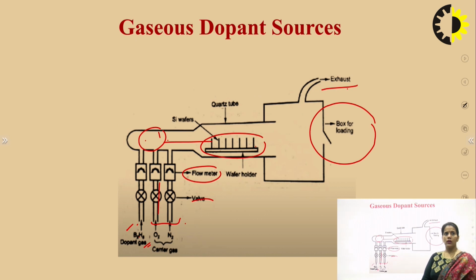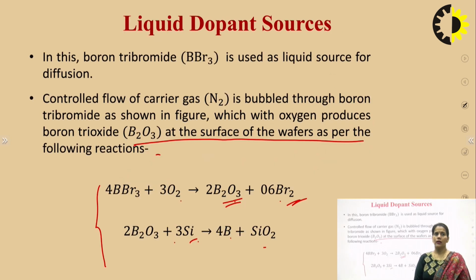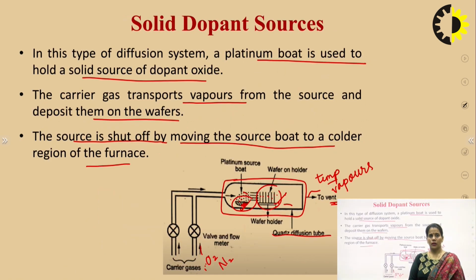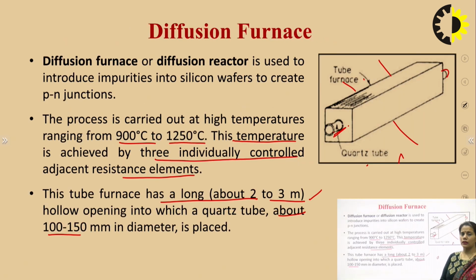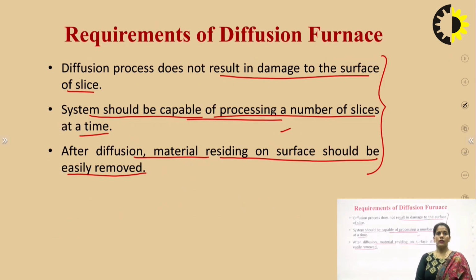So this is how the diffusion process takes place in the three different cases, that is solid, liquid and gaseous. In this lecture today, we discussed the diffusion furnace. This is the basic arrangement: there is a tube furnace with a hollow space through which the quartz tube is put, and there is an arrangement of wafers inside this furnace, and a temperature of around 1000 degrees Celsius is maintained.